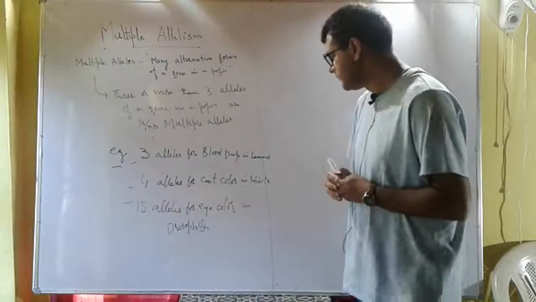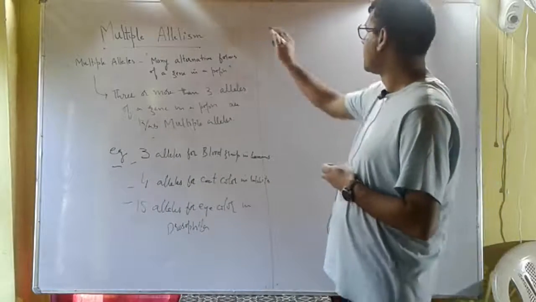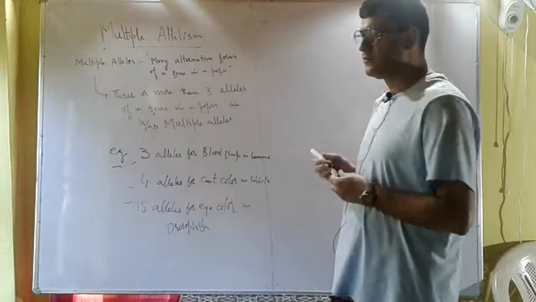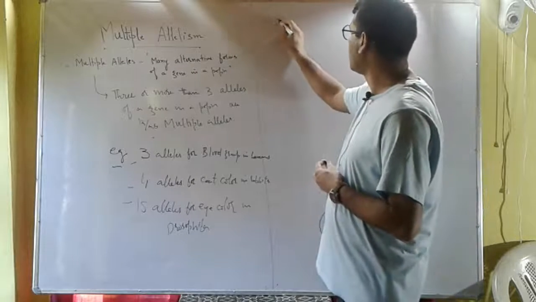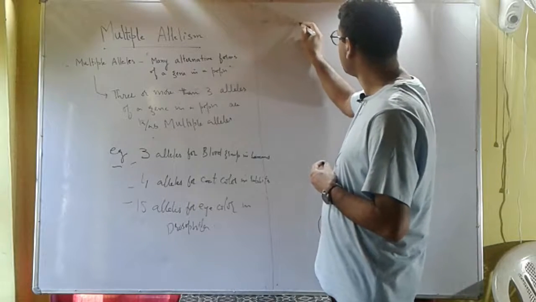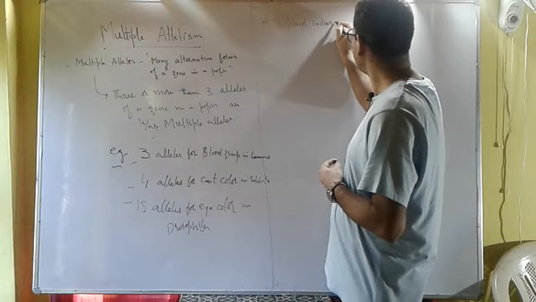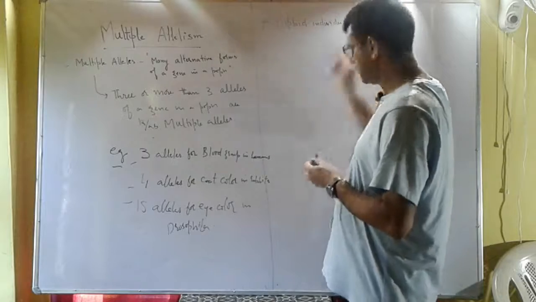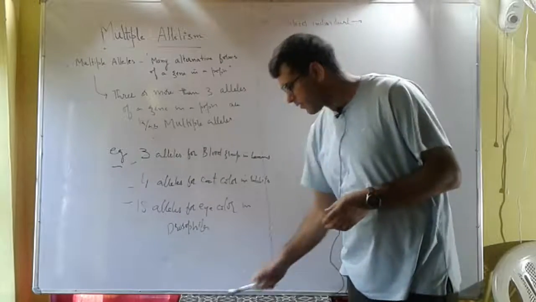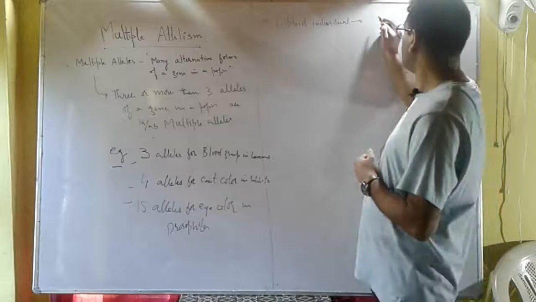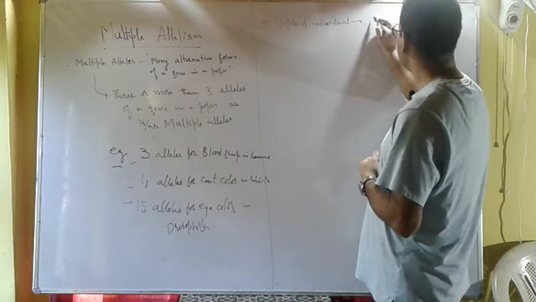Remember that in a diploid individual there are two alleles.